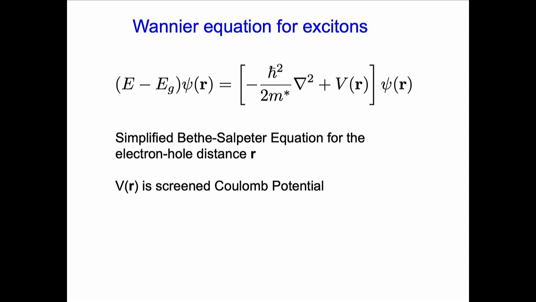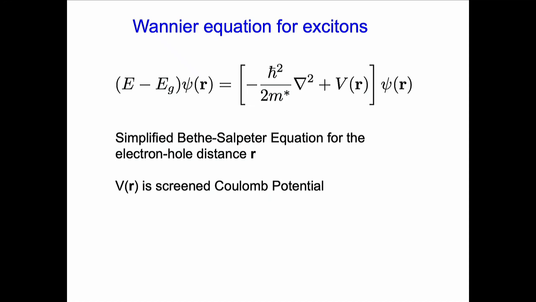There is a slightly more formal way to do this connection, because you can, I will not show it, but you can simplify the Bethe-Salpeter equation. First of all, you throw away the exchange interaction, which is usually not so strong, at least not at gamma. And then you obtain what is called the Wannier equation. It boils down to a one-particle equation. And R is the relative distance between the electron and the hole.